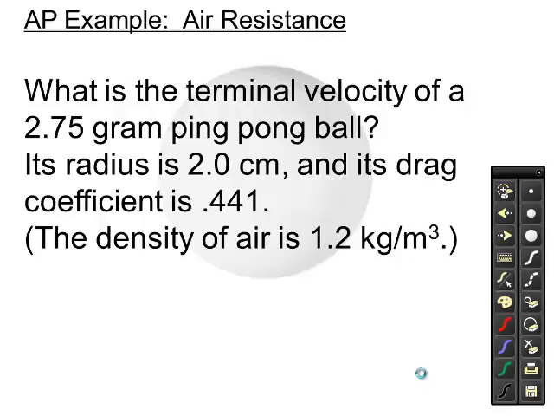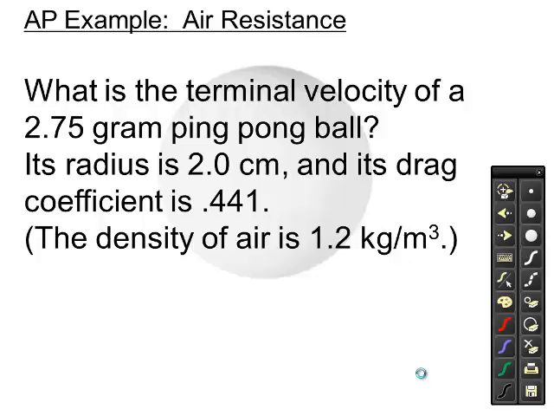Okay, the question is, what is the terminal velocity of a 2.75 gram ping pong ball? It's got a radius of 2 centimeters, and its drag coefficient is 0.441, and we'll assume the density of the air is a common 1.2 kilograms per cubic meter.